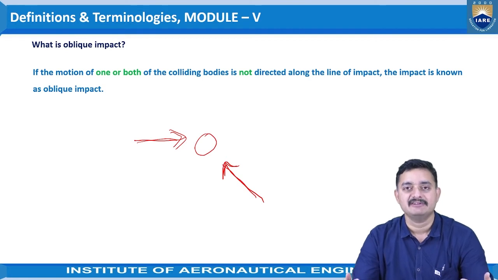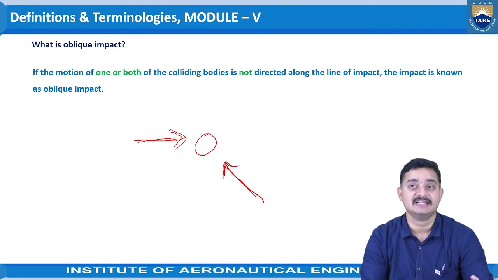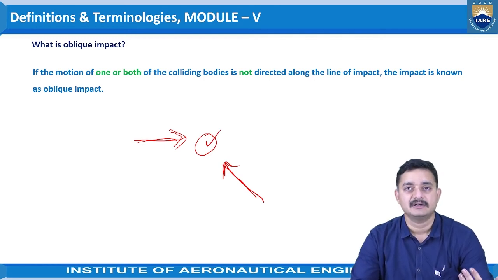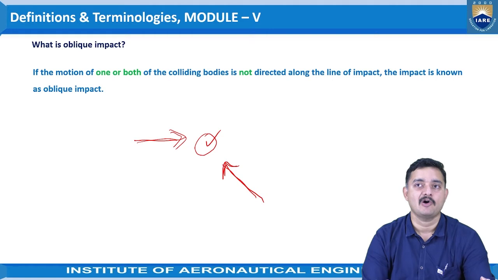The traveling directions are different, but they collide at one point. This type of impact is called oblique impact, wherein the motion of one or both of the colliding bodies is not directed along the line of impact.